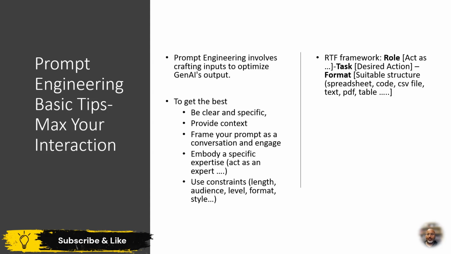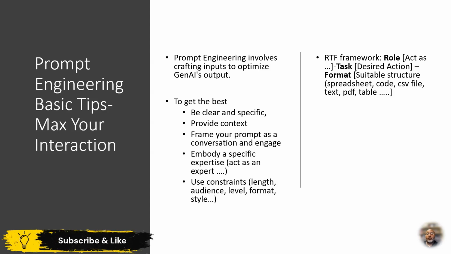First of all, you have to be clear and specific. For example, if you're going to ask about marketing, you have to specify which area of marketing. If you're going to talk about accounting, is it managerial accounting? You have to be specific and clear. That will make life easier for generative AI to provide you with the best response.